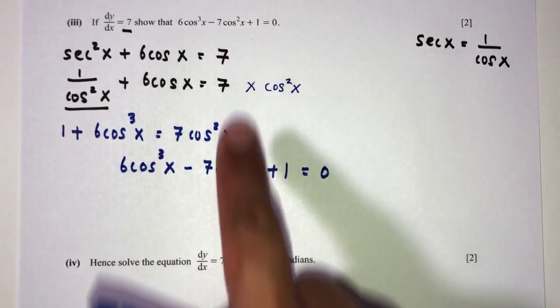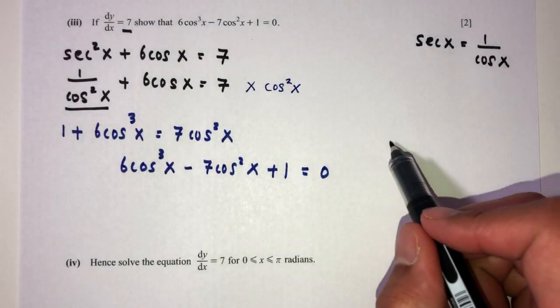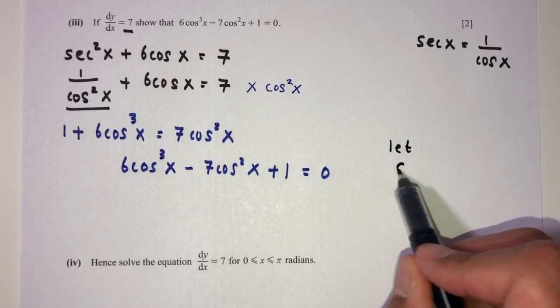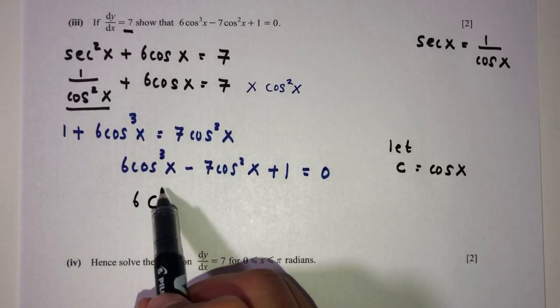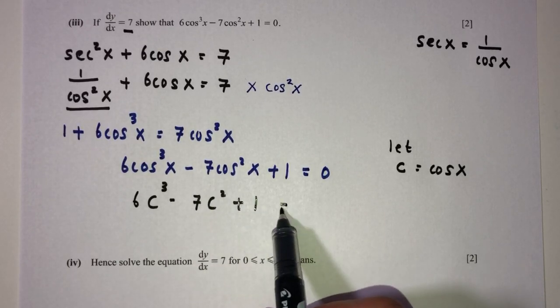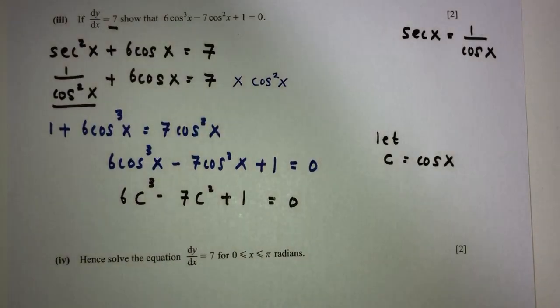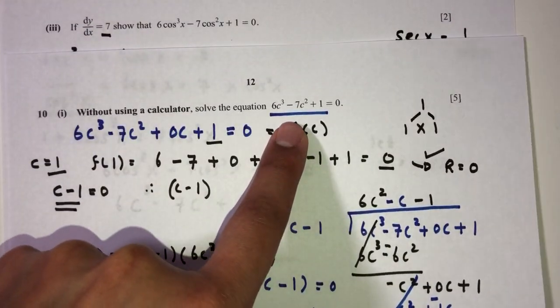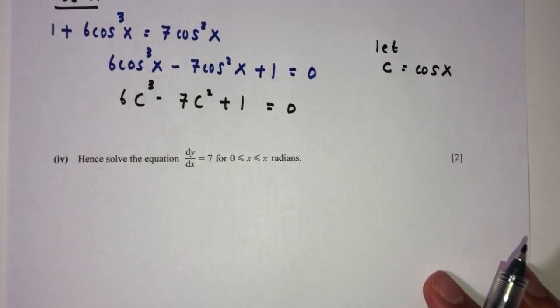This is shown as required. But now if you observe something, if you let c equal to cos x, you will have 6c cubed minus 7c squared plus 1 equal to 0. And this is the same equation we had in the first part of the question, right? So which means we have to use this to continue the other part.